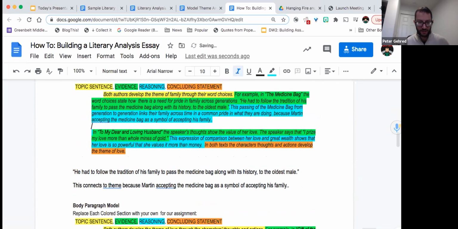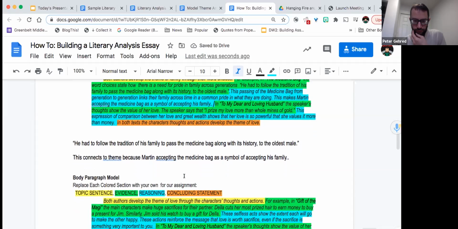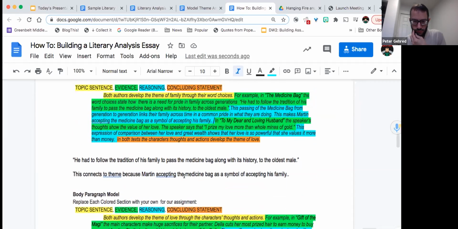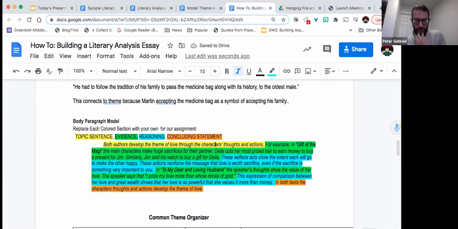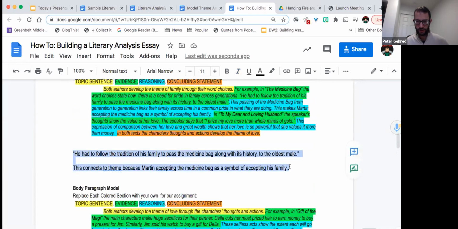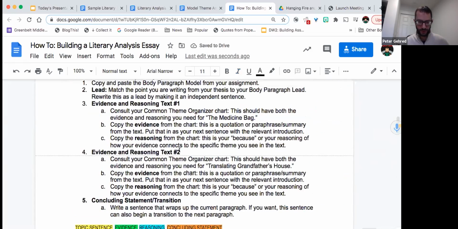You can say, this makes Martin accepting the medicine bag a symbol of accepting his family. So then we do the same thing. If you look up above the recipe, do the same thing.